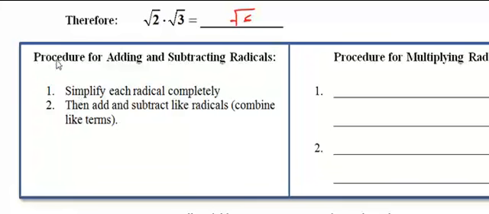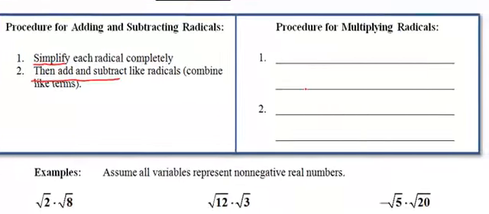Now, when we were adding and subtracting radicals, what was our procedure? Well, first we simplified. Then we added or subtracted. Our procedure for multiplication is going to be the opposite.